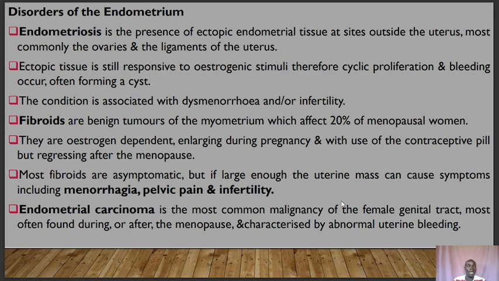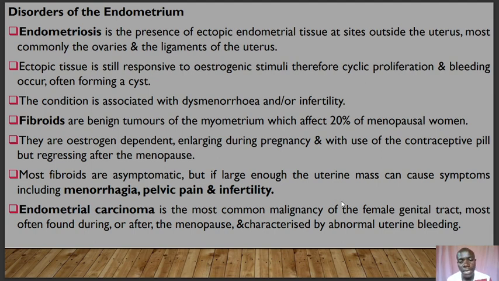Another condition we have is fibroids. These are benign tumors of the myometrium. So the myometrium is affected, and this is about 20% of menopausal women. These fibroids are estrogen dependent, so they enlarge during pregnancy and with the use of the contraceptive pill, but will regress after the menopause. Most fibroids are asymptomatic, which means patients do not show any symptoms.